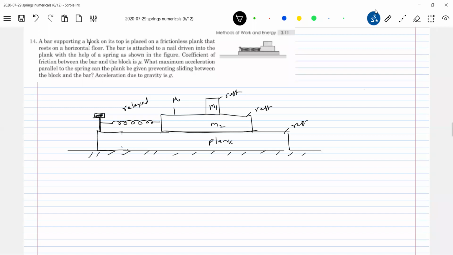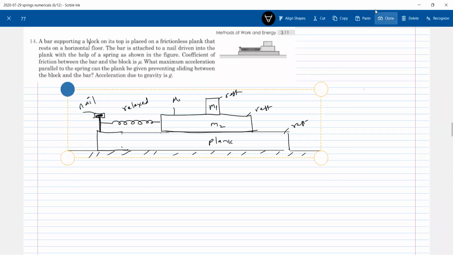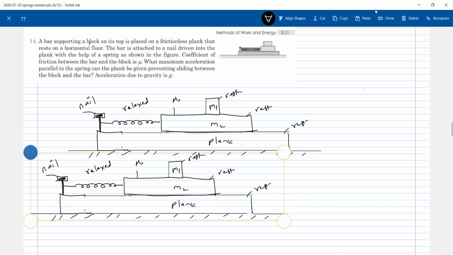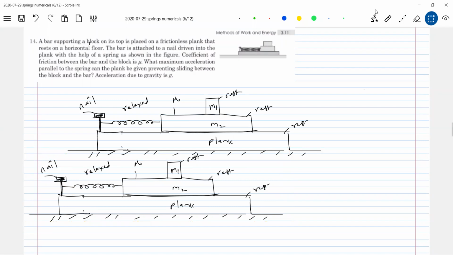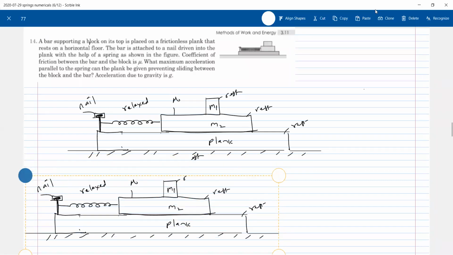Now, as I move the plank, who will move the system of blocks? The spring force, because it is connected to the nail. This is the nail. So as I start moving it, we'll shift it a little bit down.